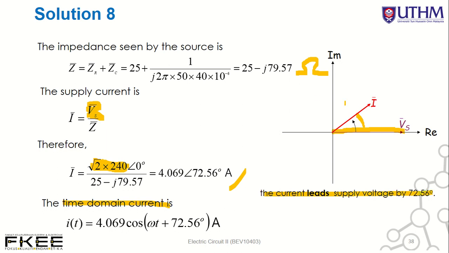Leads, mendahului. Or in other words, you can write Vs lags. Vs mengekor. If I leads, who lags? Vs. So in other words, you can write Vs lags current by 72.56 degrees. Okay, this is important. You have to understand this concept.